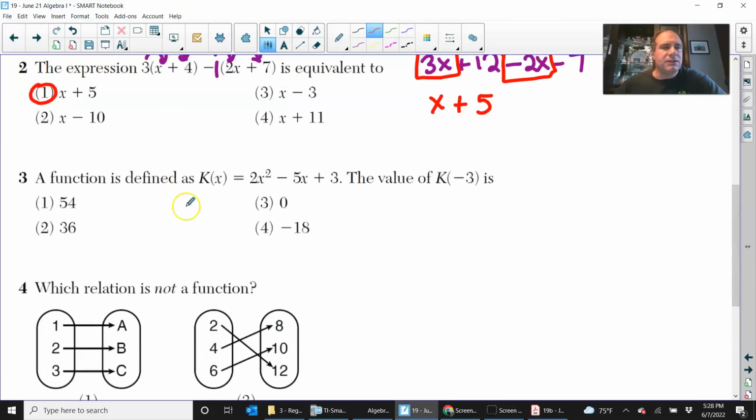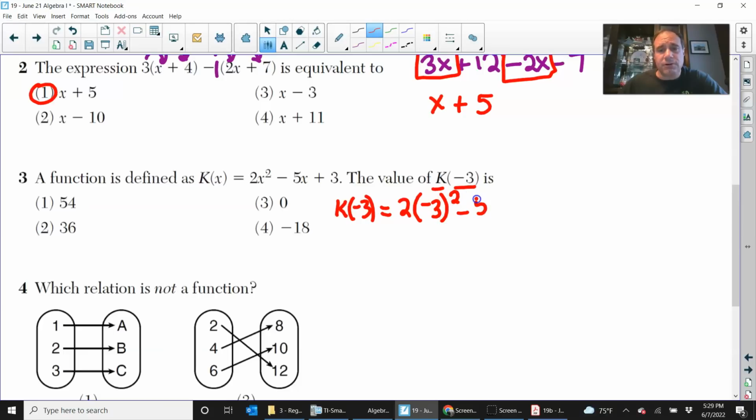All right, a function is defined as k of x equals 2x squared minus 5x plus 3. The value of k of -3 is, and what they want you to do is just substitute that -3 in. So when you rewrite this, if this is an open-ended question, I'm going to rewrite it like this and show this work.